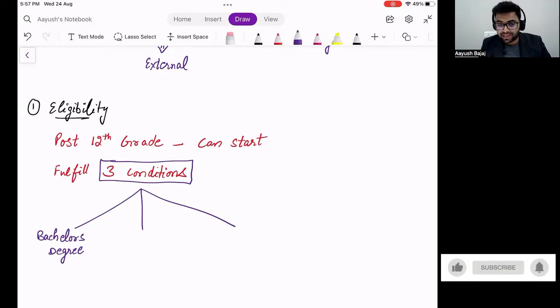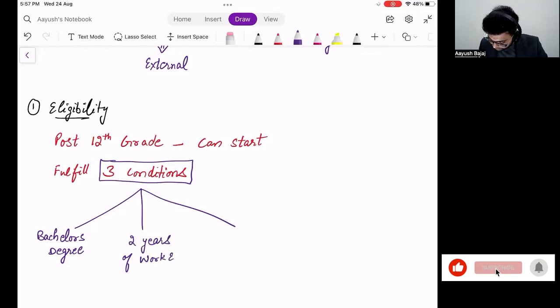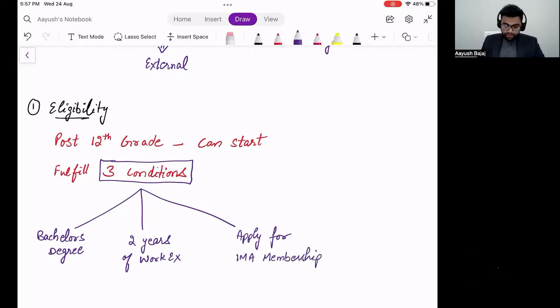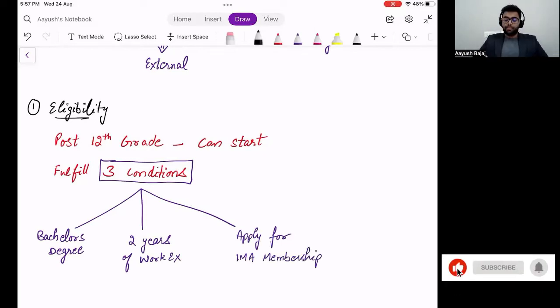That means you have a bachelor's degree, two years of work experience, and you need to apply for IMA membership. So that's your eligibility criteria. Are you eligible? Judge yourself.